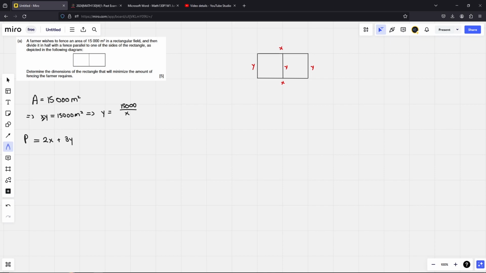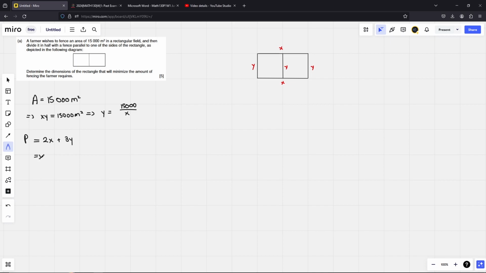And keep in mind, you can divide by y or you could divide by x. It doesn't really matter. But in this case, I'm just going to say y is equal to 15,000 all over x. You would still get the same answer if you had x is equal to 15,000 over y.